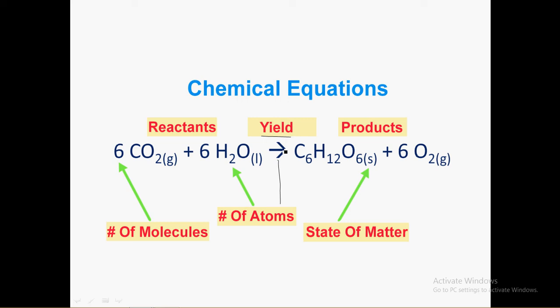This arrow means yield or forms. Okay. This is carbon dioxide plus water added together. Our result will be, this is our glucose plus oxygen.